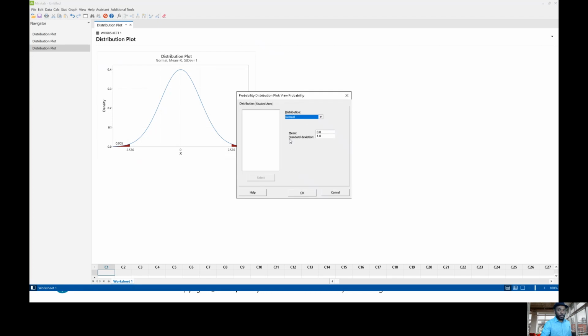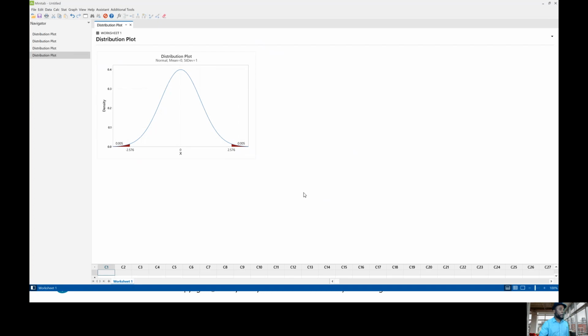We're looking at the standard normal distribution because we're trying to find the z critical value, shaded area, right tail, and what did we say is alpha? 0.1. Okay, and then you click OK, and you have it there.